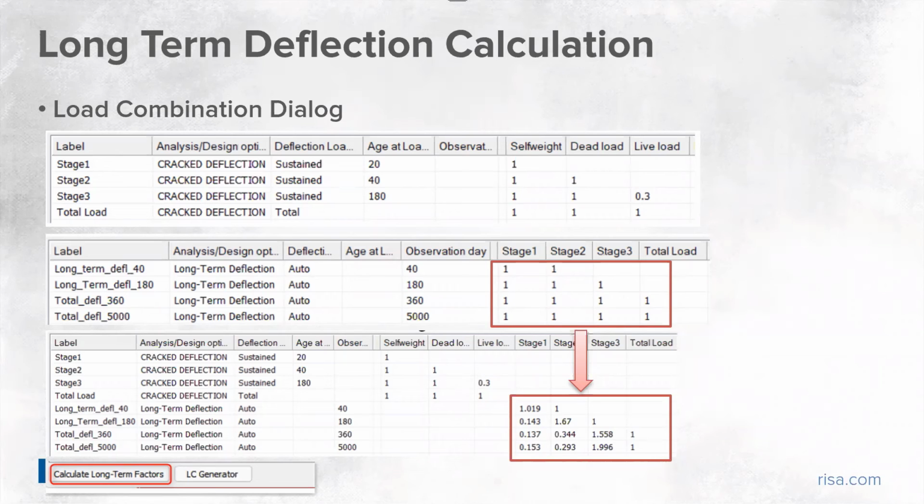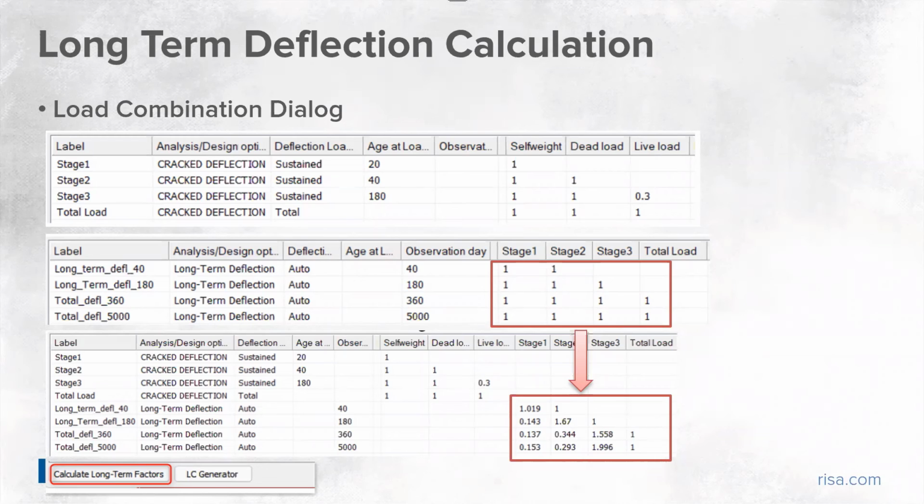Here you can also choose the user input, so you can just manually input all these factors and the program will use the factors you input instead of auto calculating them. And then the observation date, which if you recall would be the T in the previous equations, we will define as 40 days, 180 days, 360 days, and also 5,000 days.